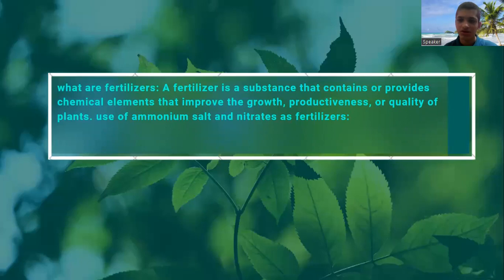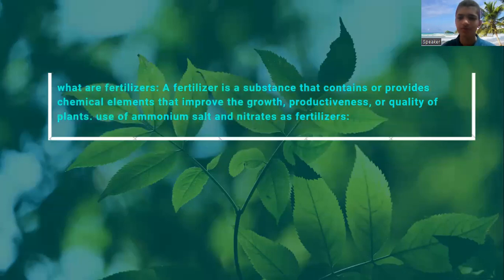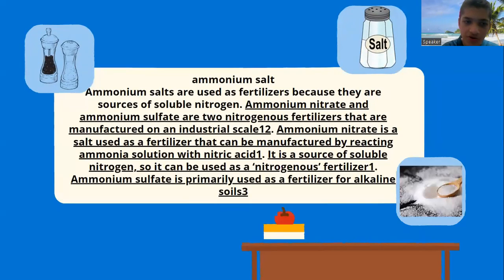And now let us know what fertilizers are. Fertilizers are a type of substance that provide the chemical elements which can make the producers, or the plants, grow in good quality or grow faster. For example, ammonium salts and nitrates. Ammonium salts are used as fertilizers because they are a source of soluble nitrogen.